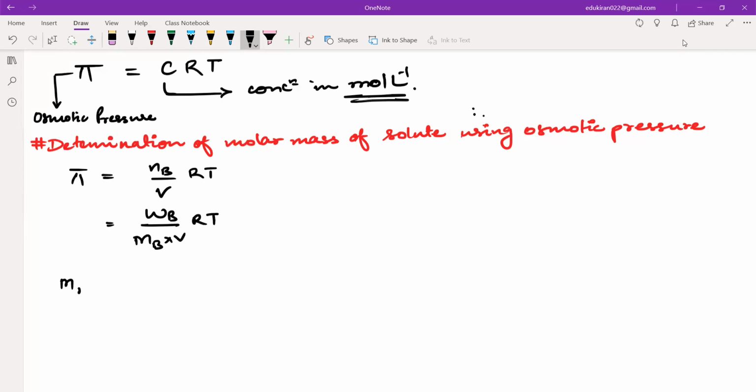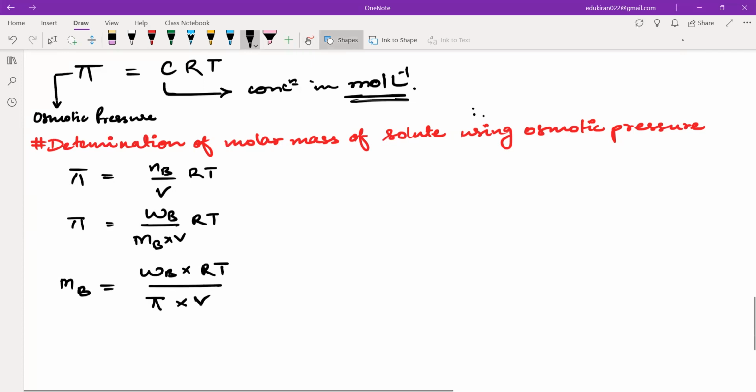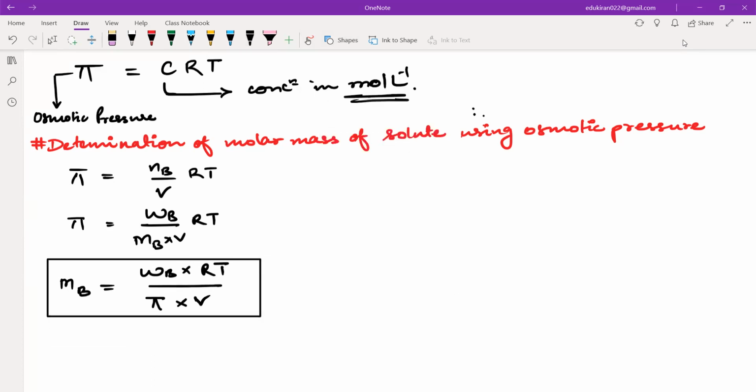Now we can write MB is equal to WB into RT divided by pi, that is the osmotic pressure, into the volume. Now see, these formulas or equations that we have for MB are not very important in terms of numerical problems. Please remember this.